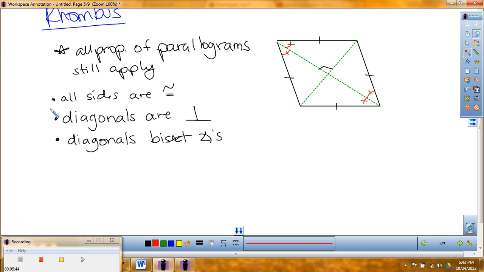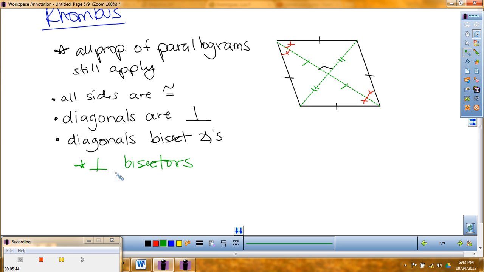That just combines two of our properties. We know that diagonals bisect each other in parallelograms, and they're meeting at a perpendicular, so we say they're perpendicular bisectors, which you could come up with on your own just by knowing that they meet at a 90-degree angle and they're everything that a parallelogram is.